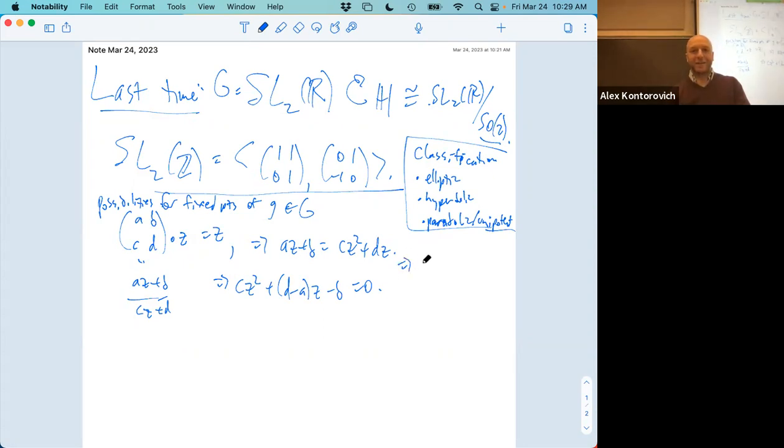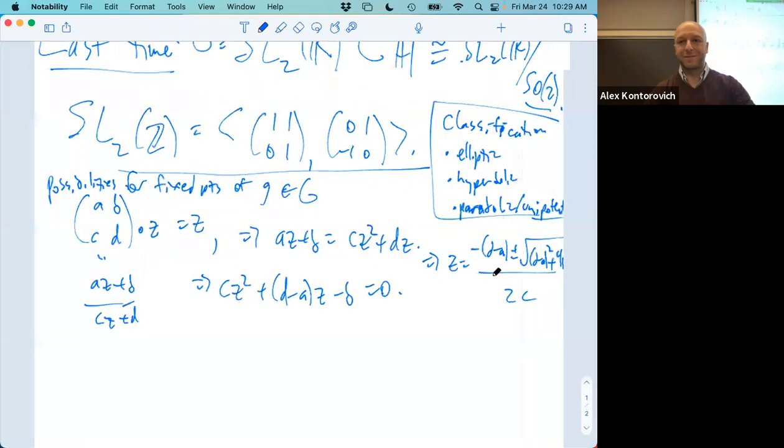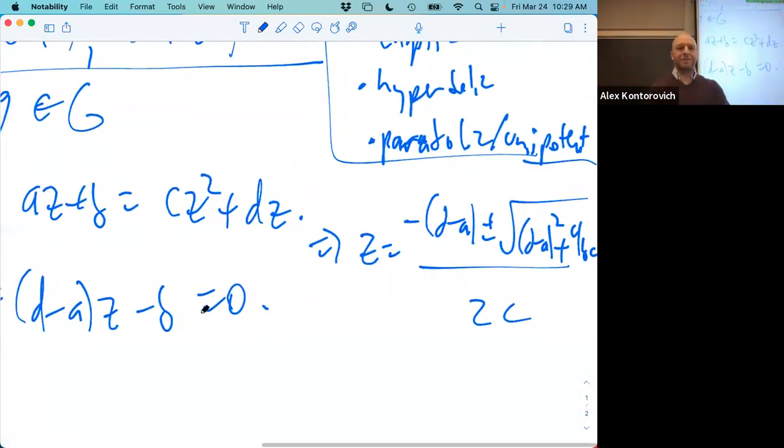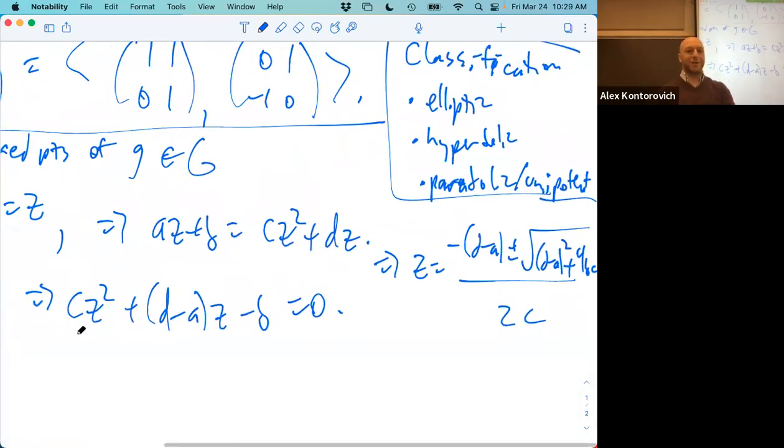Even I know how to solve that. Z is negative (D minus A) plus or minus the square root of (D minus A) squared plus 4BC, all over 2C. So I'm just applying the quadratic formula to this.